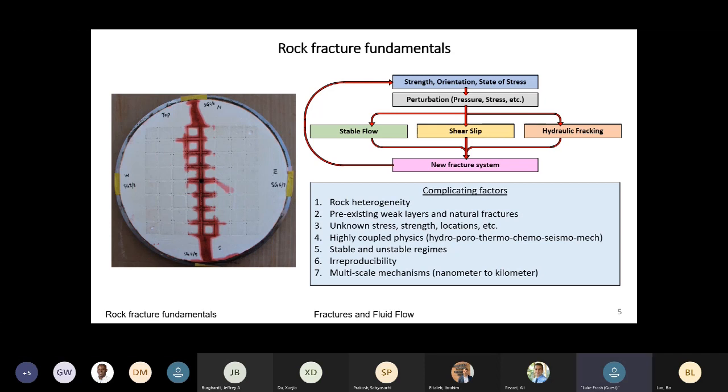And then finally, there's a multi-scale problem. There's a lot of different really good numerical models out there that model different parts of, say, hydraulic fracture stimulation or long-term production that don't necessarily directly feed back with each other. But in the end, the flow is going to be governed by the smallest constriction in the flow path more so than much else.